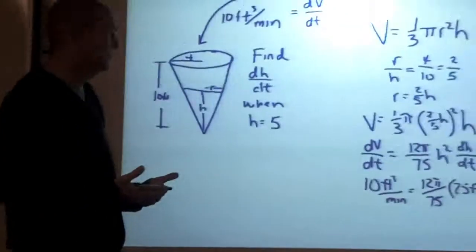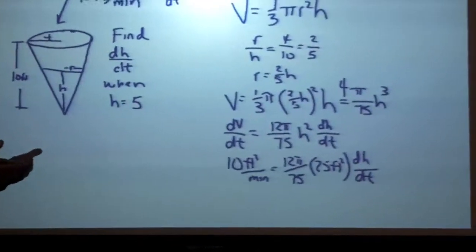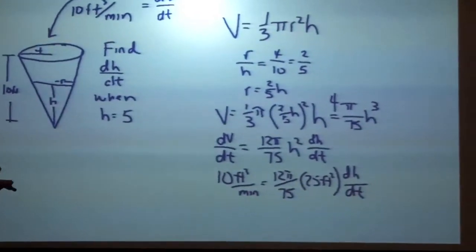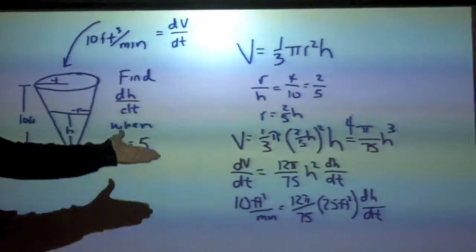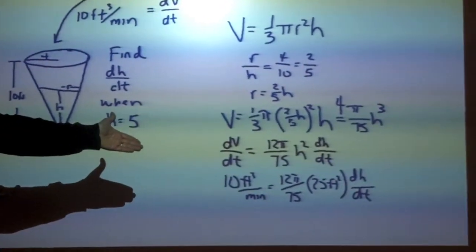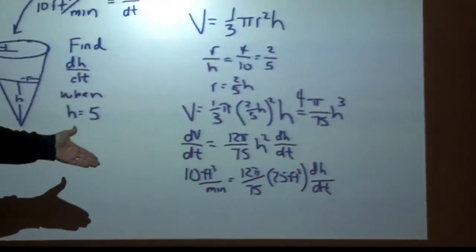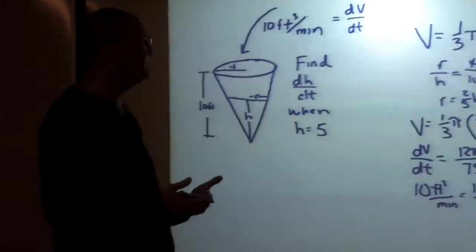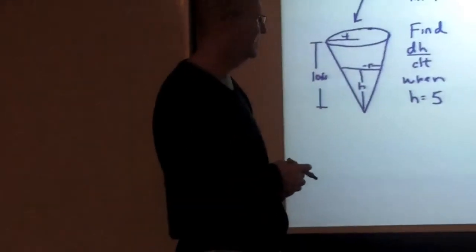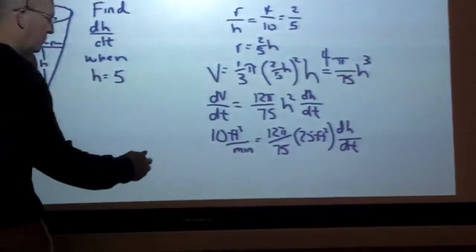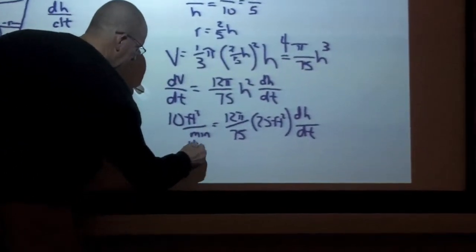At this point, I'm just going to plug in and get my answer. I can put these numbers in the calculator, evaluate them, 25 and 75, reduce 12 pi over 3, 4 pi, and so that's going to work out very, very nice. My answer is approximately 0.8.